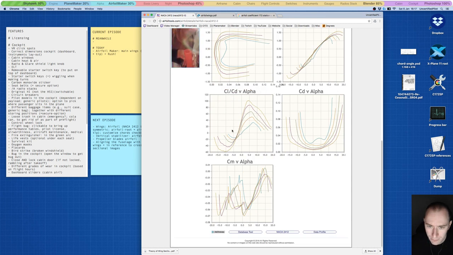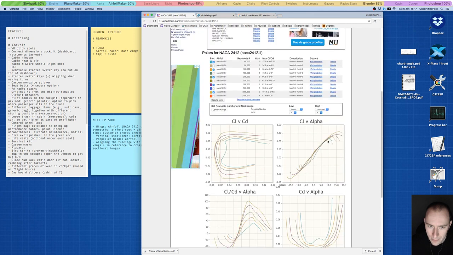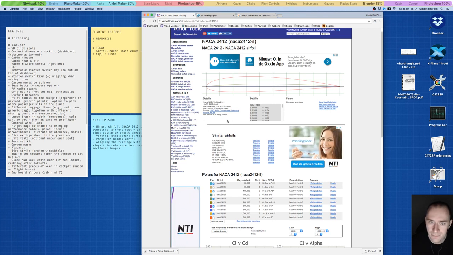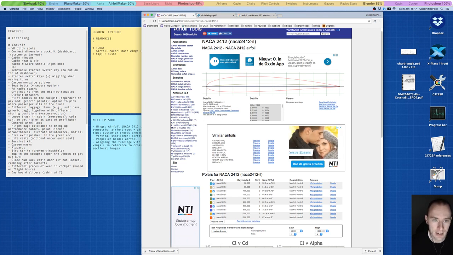Versus alpha, lift and drag. We now know what that all means. But again, this is just general NACA 2412 data. And I'd like to see it specifically for the 172, if that's possible.